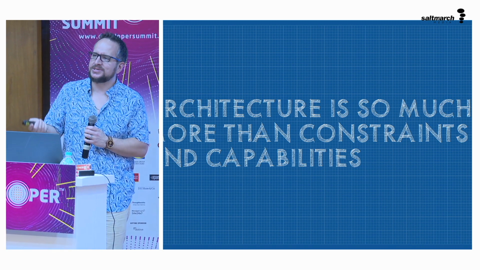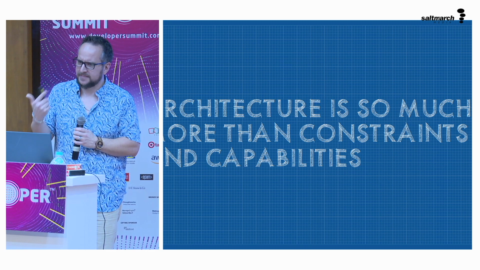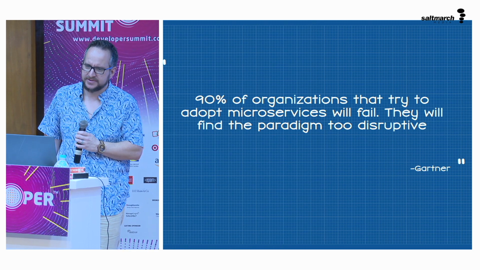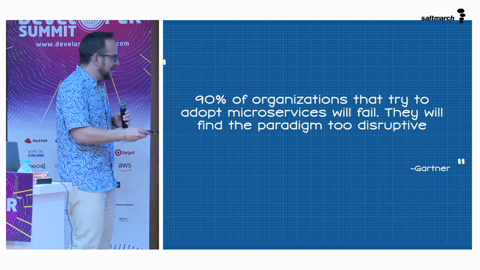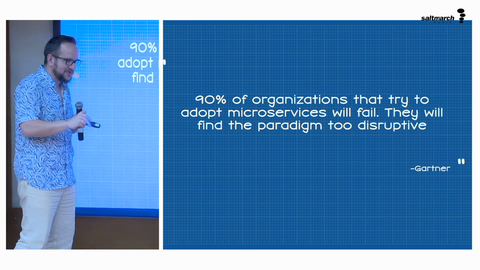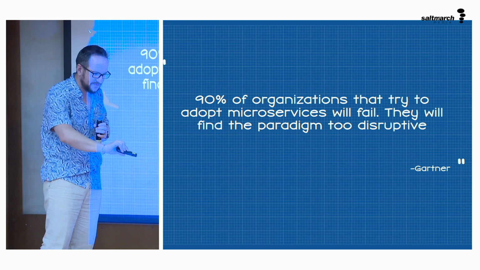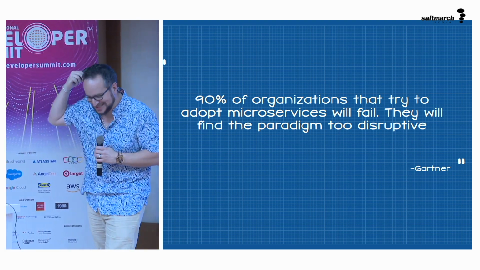In fact, in 2017, I think it was, Gartner predicted that by 2019, 90% of the organizations who try to adopt microservices will fail. 90%. By the way, if you follow Gartner, they went through a whole thing where they're like, everything's got to be microservices. Microservices are going to fail 90% of the time. Unironically, Gartner was living the Gartner hype cycle. I love it.